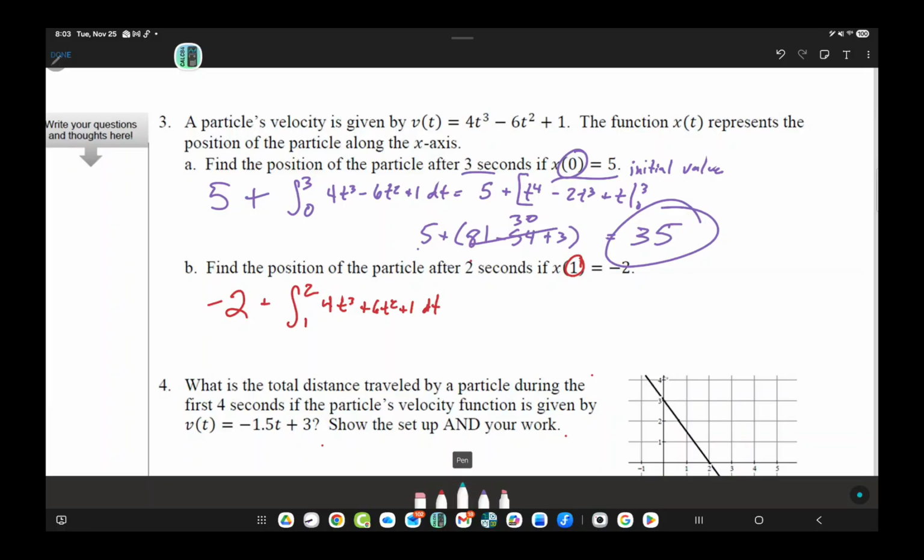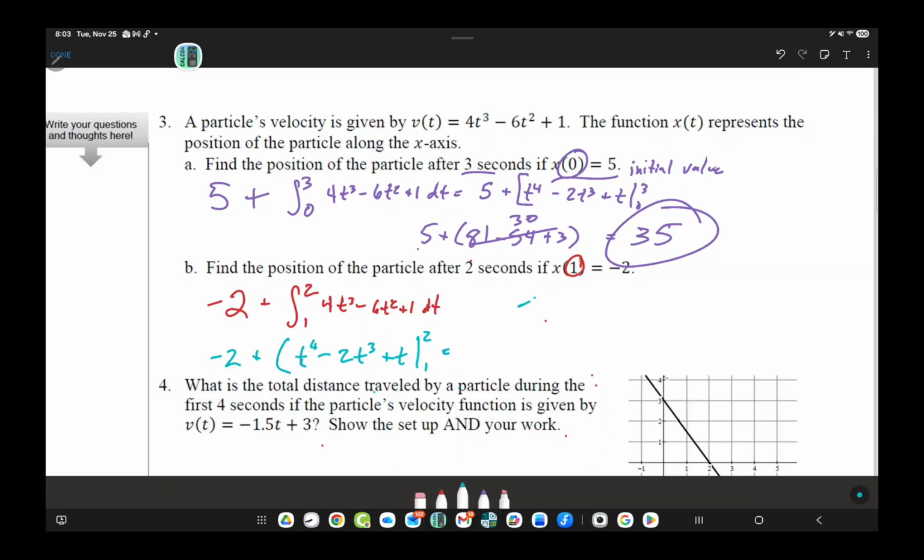We already know that this is going to be negative 2 plus t to the fourth minus 2t cubed plus t, from 1 to 2.